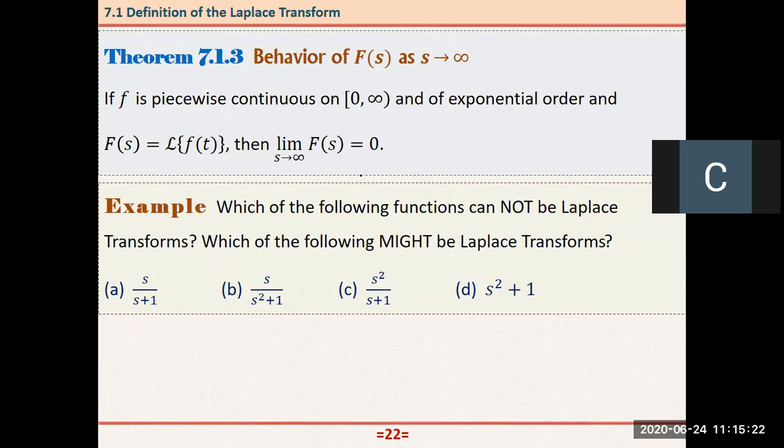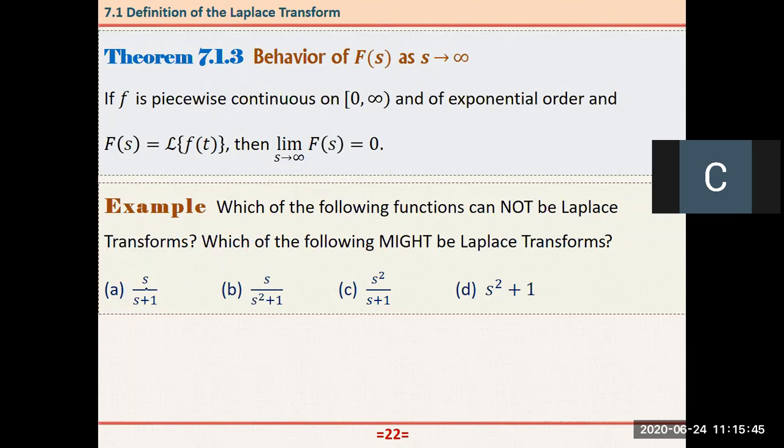As a shortcut, if we know this theorem, just check it here. If we calculate this limit and it is not equal to 0, we simply say that it's not a Laplace transform of any function, because for this to be the Laplace transform of any function, the limit as s goes to positive infinity must be equal to 0.